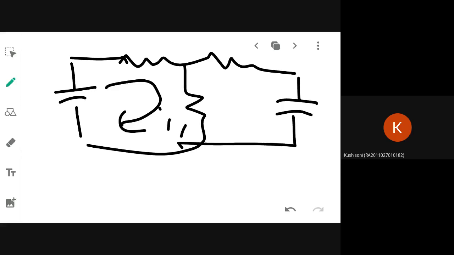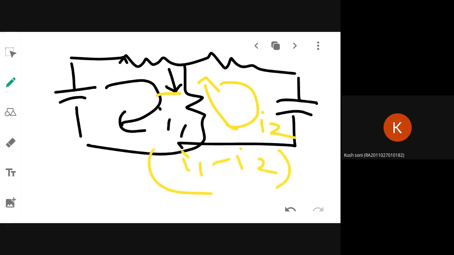So it's coming like this, isn't it? Yes. Then here also what direction have I assumed? Clockwise. So that's coming like this. So this current is I2. Both are opposing or same direction? They are opposite direction. Opposing. So minus I2 you have to give.